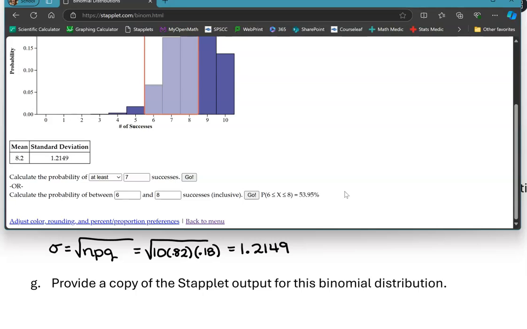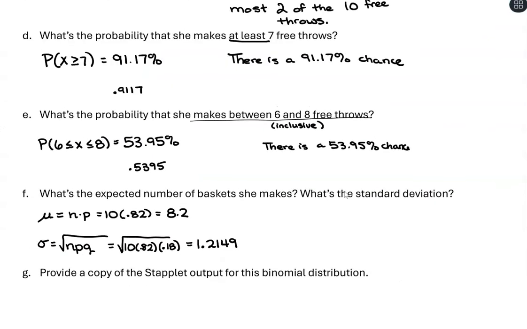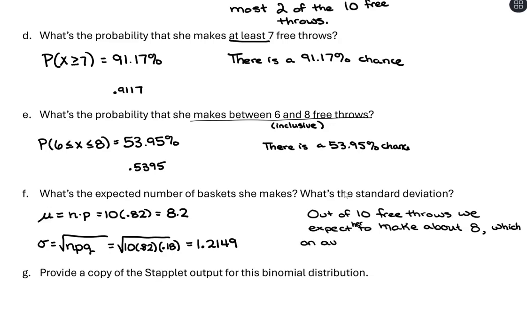So either way, just grabbing from Stapplet to get those exact values is fine, or you can go through that calculation. So this would mean out of 10 free throws, we expect her to make about 8, which on average will deviate by about 1 free throw.